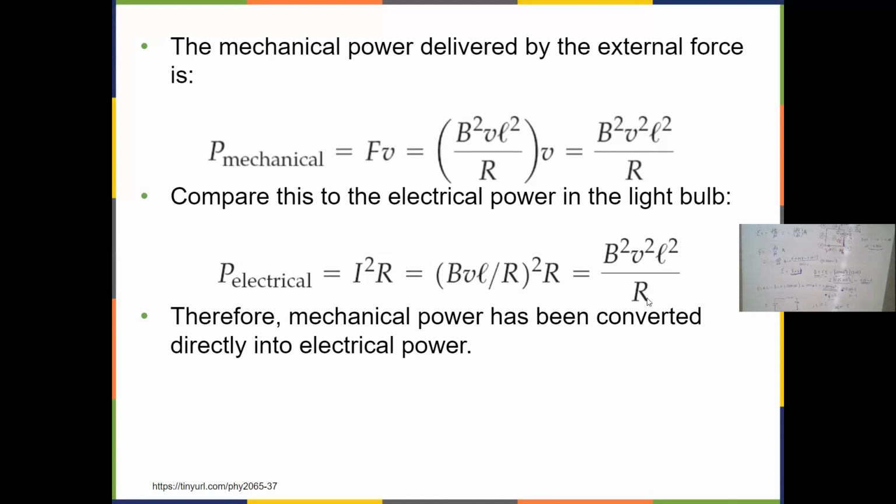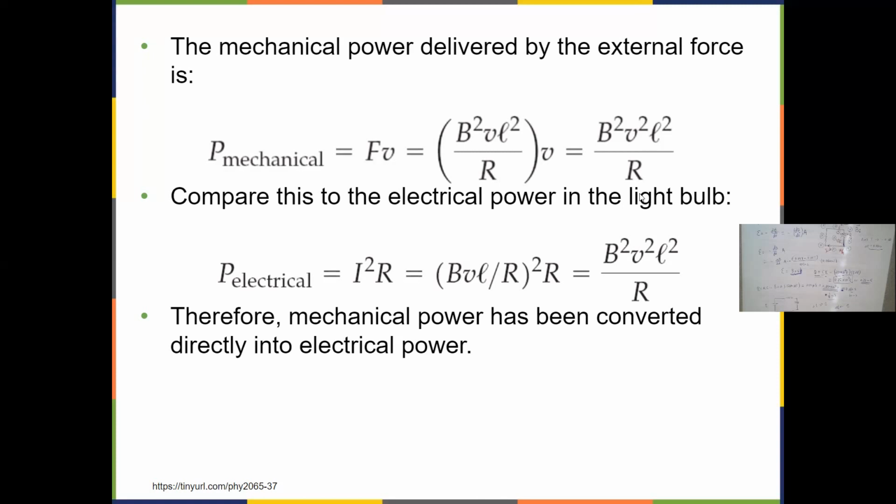So it's just R in the denominator, but on the numerator, you'll have B squared, V squared, L squared, okay? So compare this electrical power the light bulb is consuming with the mechanical power needed to pull the rod at constant speed V, you will figure out they are identically the same, okay?